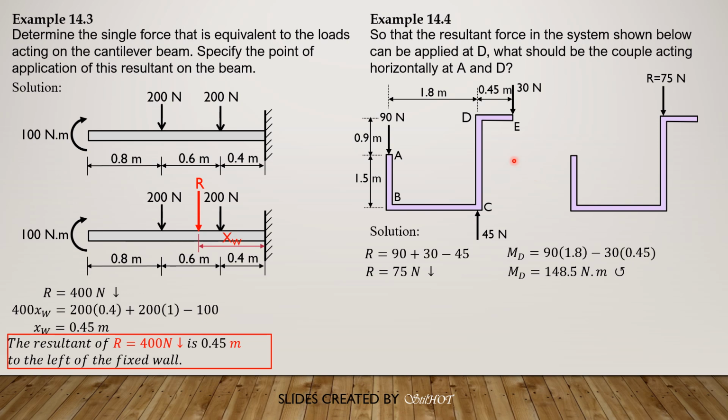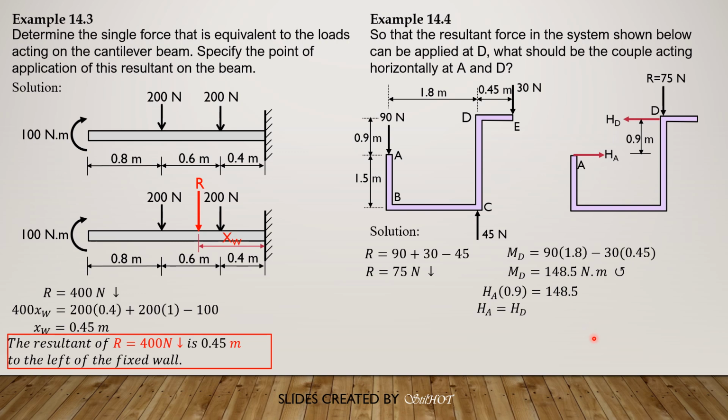So the forces of the couple will be counterclockwise. So the force at D should be to the left and the force at A should be to the right. That should be the direction of the horizontal forces of the couple, so that the resulting couple is counterclockwise. Since the distance is 0.9, HA times 0.9 is equal to 148.5.